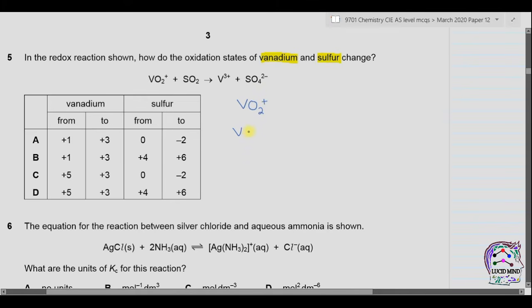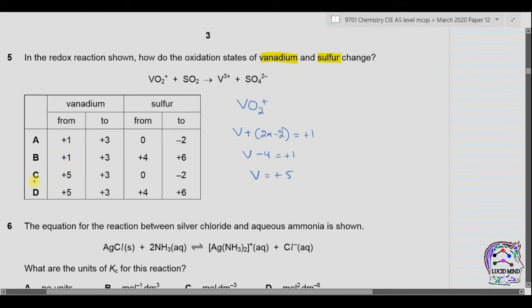Oxygen is in group 6, so it has a charge of -2 and there are 2 oxygen atoms, so 2 into -2. And the overall charge is +1. So V minus 4 is equal to plus 1. So V is equal to plus 5.